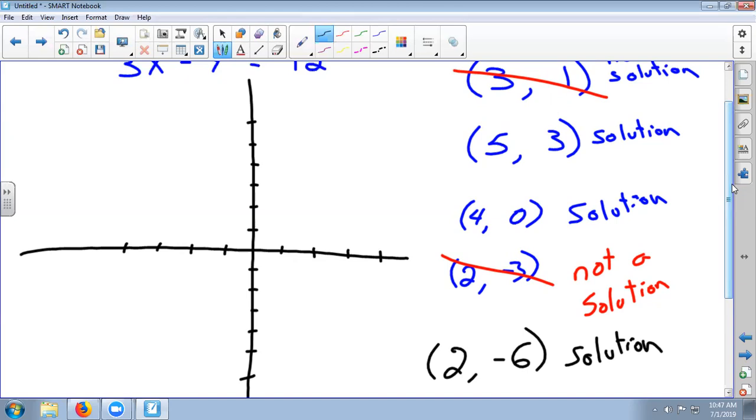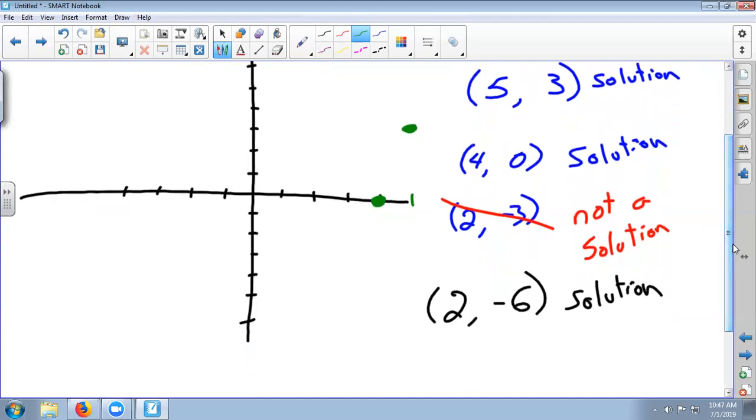5, 3. Right 5, up 3. Zero. 2, negative 6.